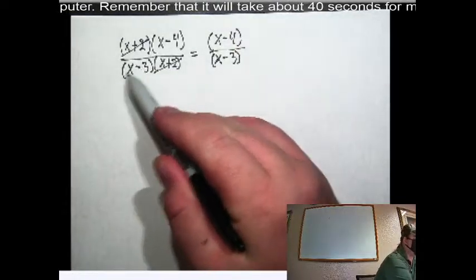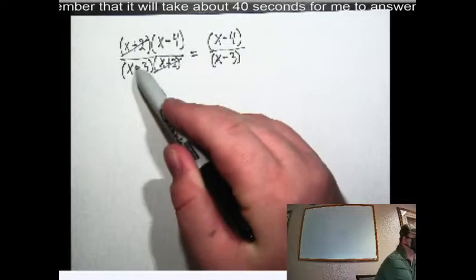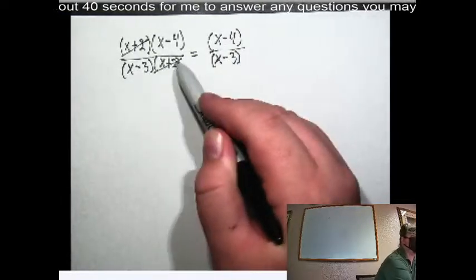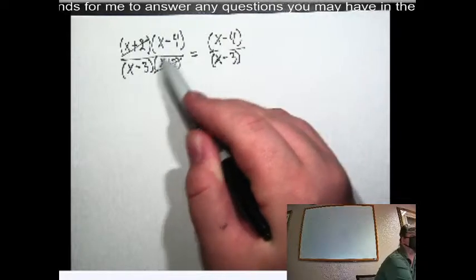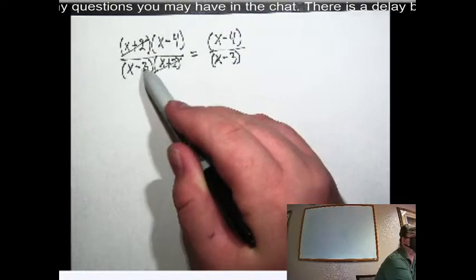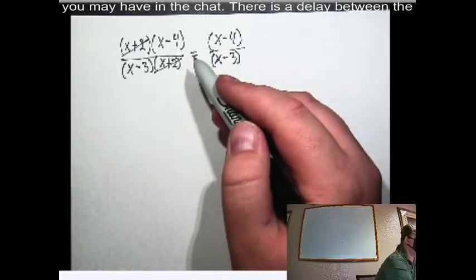Well, if x minus 3 ever comes out to be 0, then 0 times this would make the entire thing 0. Same thing with x plus 2. If we plug in something for x to make this part 0, then 0 times this would make the entire thing 0.